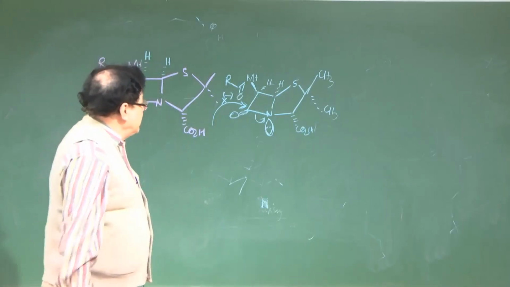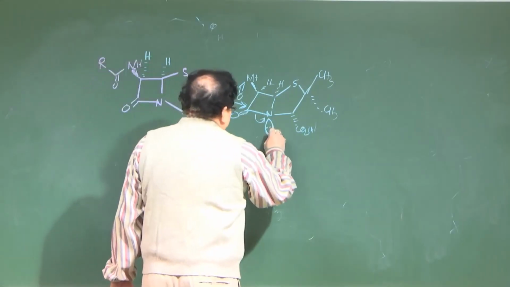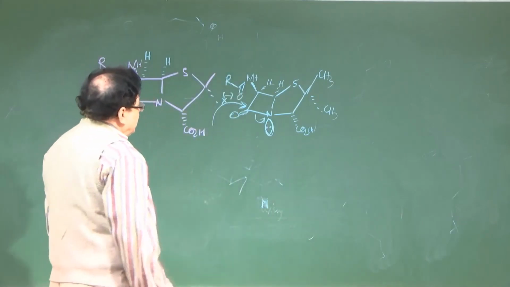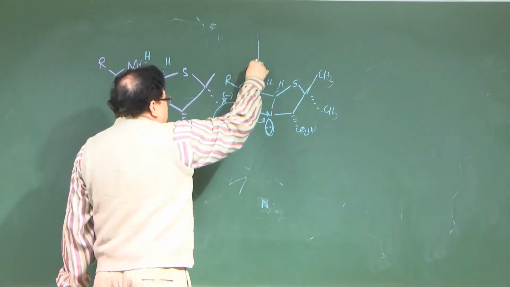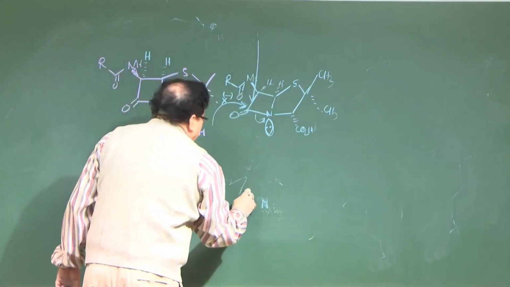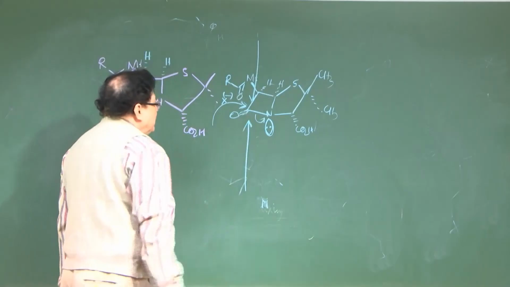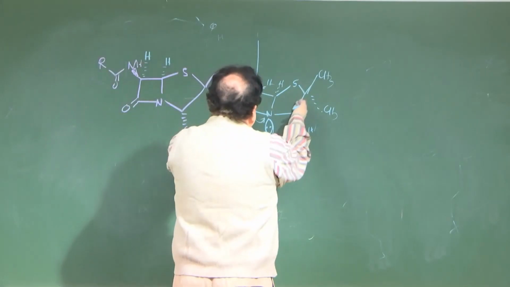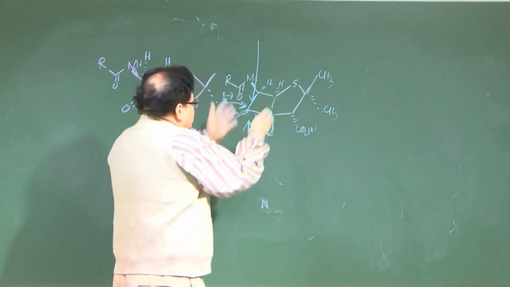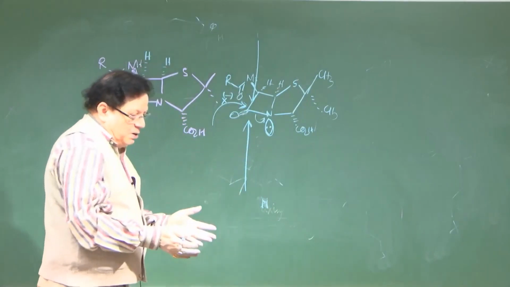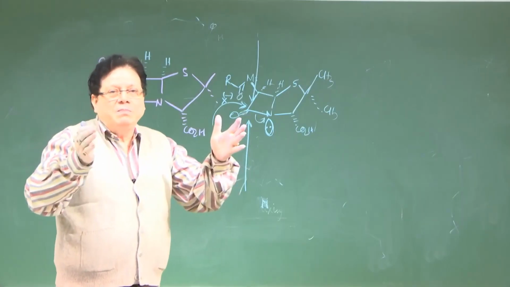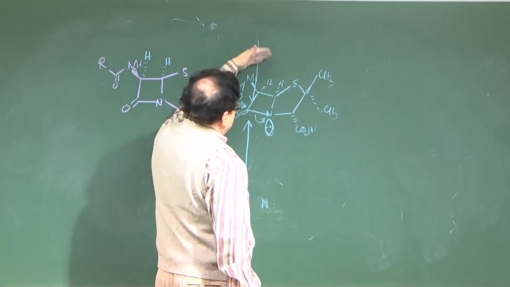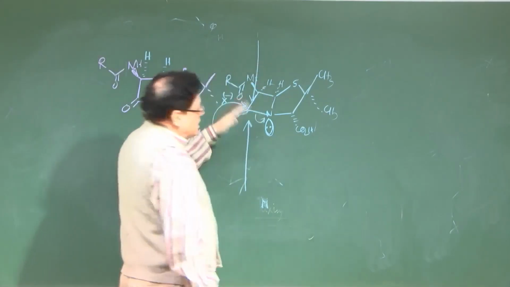Now, the question is, there was a debate which is yet to be sorted out, I believe, that there are two faces of the penicillin. One is from the top, another is from the bottom. Okay. Obviously, the top face is your concave shape. So, what will happen? This will be the more crowded side, and this will be the more exposed side.